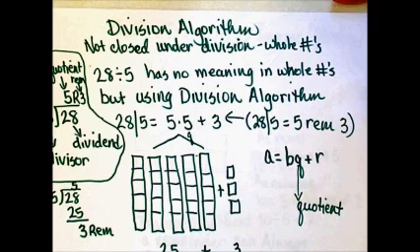So this division fact has no meaning in the whole numbers, so the whole numbers are not closed under division. Now, another way to look at this, we can identify this by the division algorithm by doing exactly what we did when we were changing bases.